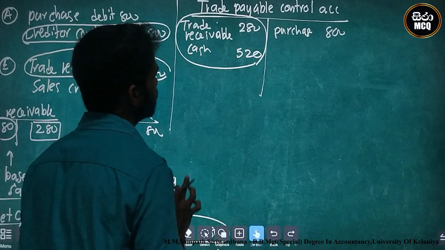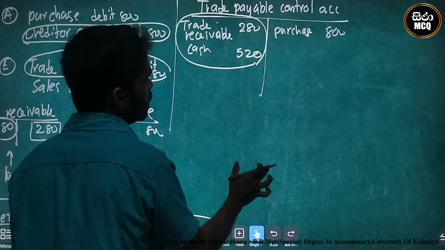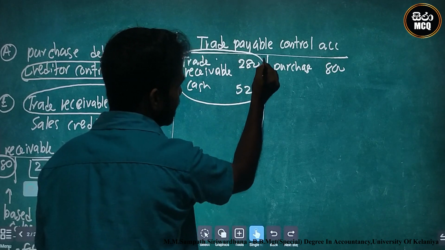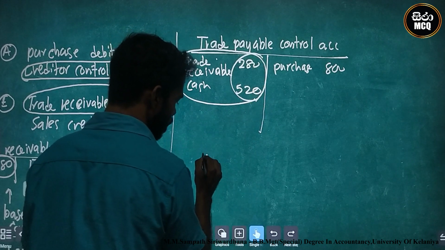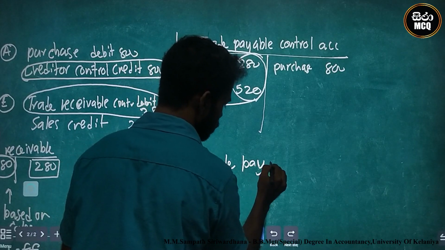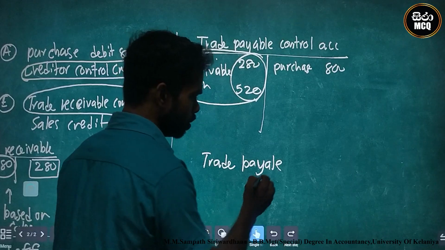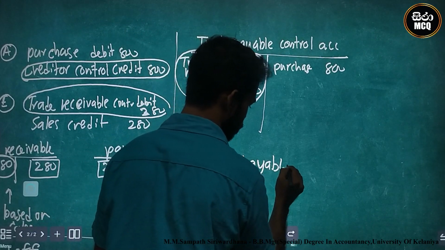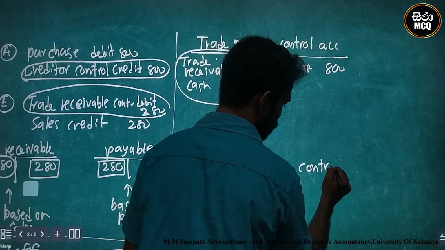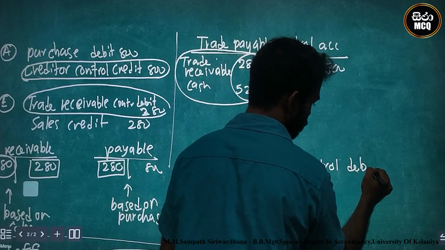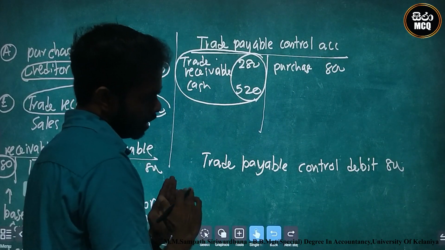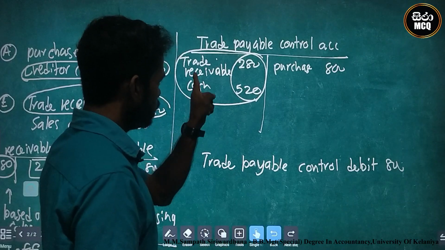We can find the one transaction. Look here, there is a trade payable debit, no? Trade payable debit, total 800. Therefore, I debit trade payable control, debit, which amount? 800 totally. Okay, after that I credit to each account.